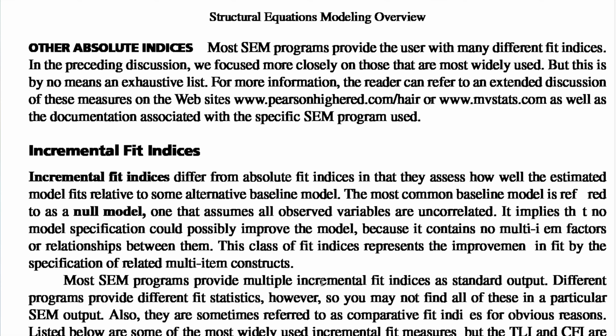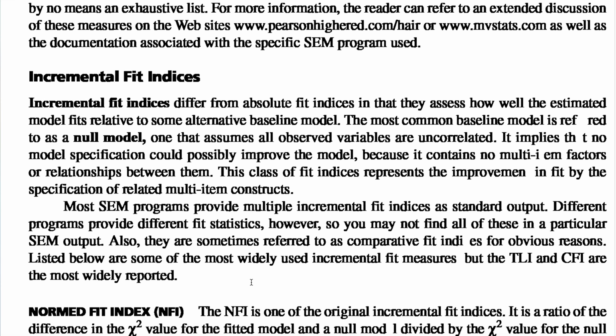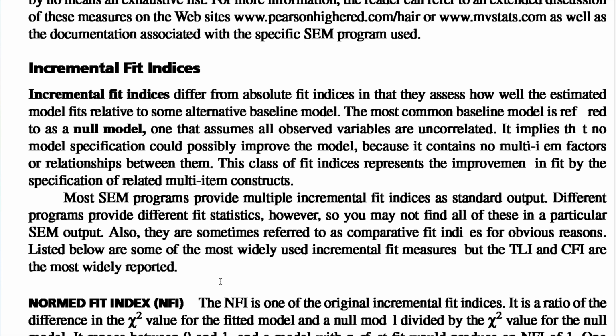Incremental fit indices. What are these? They are different from the absolute fit indices in that they assess how well the estimated model fits relative to some alternative baseline model. The most common baseline model is referred to as the null model, which assumes all observed variables are uncorrelated.